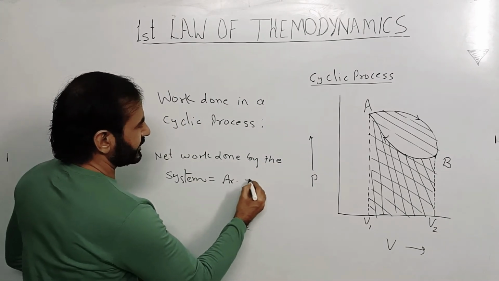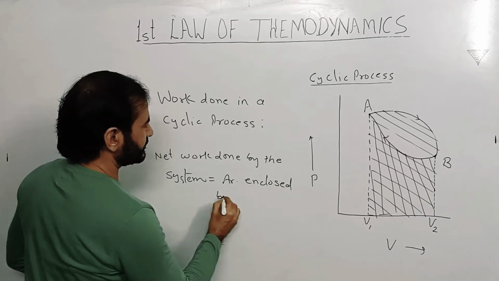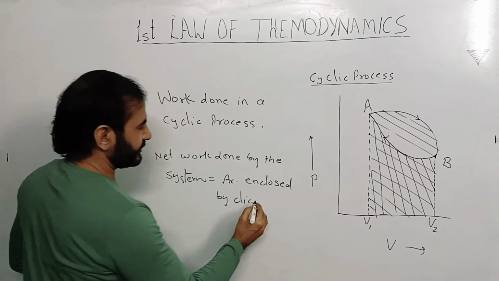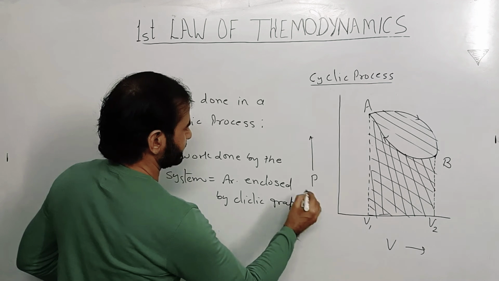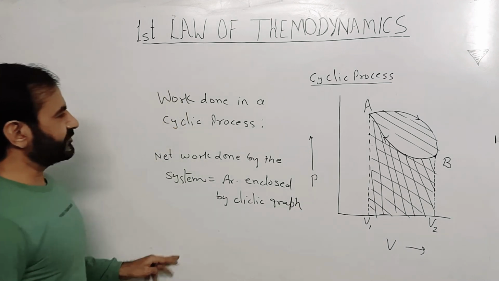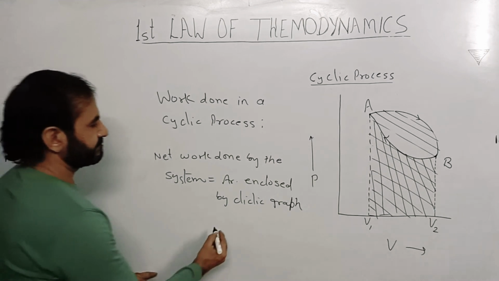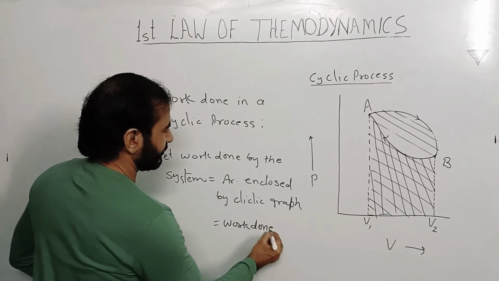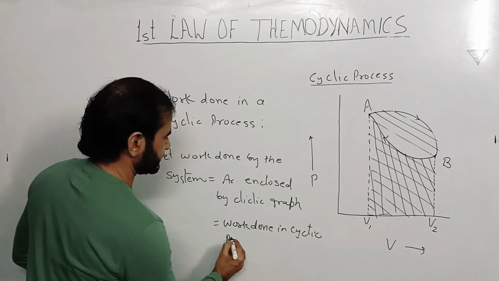So the area enclosed by the cyclic or closed graph gives the work done by the system, or the work done in a cyclic process.